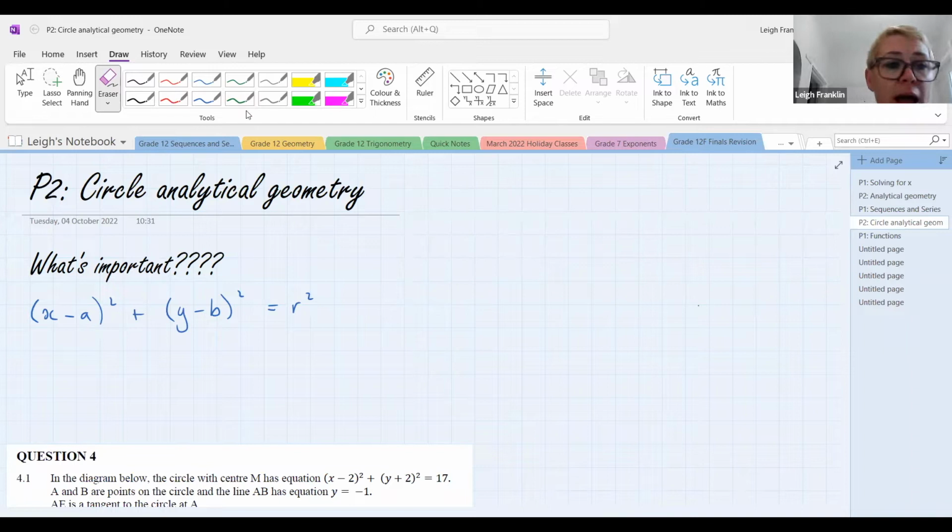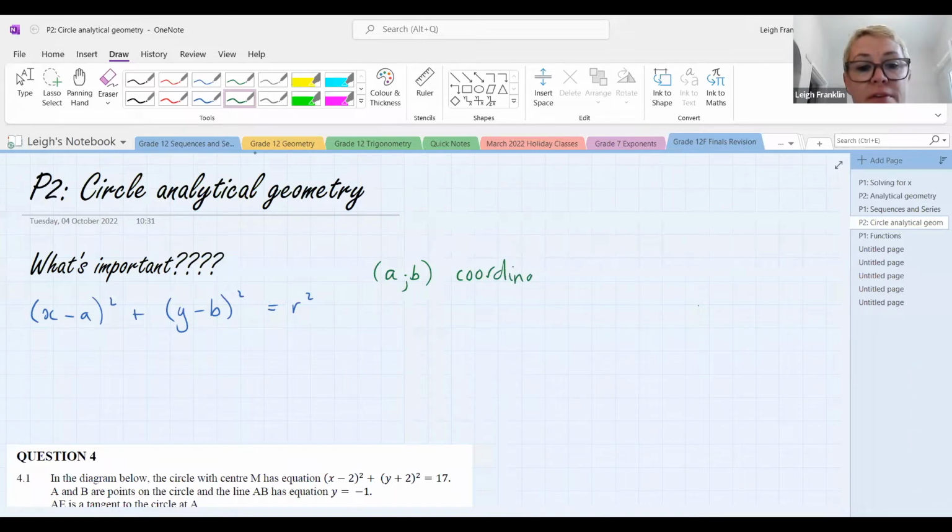So a and b change sign. If we consider a and b, those are the coordinates of the center of the circle. What does the letter r represent?